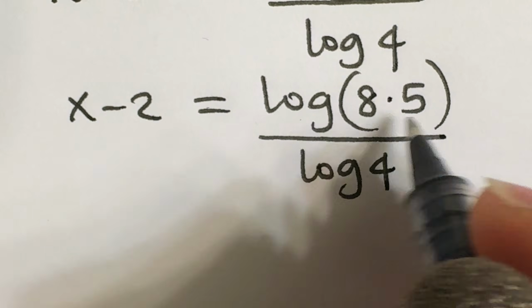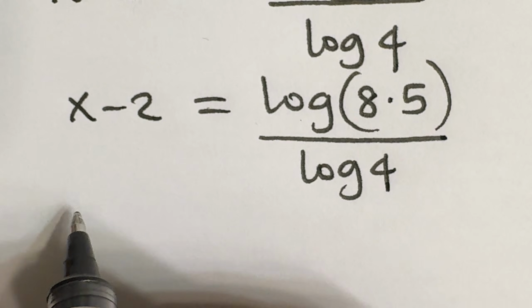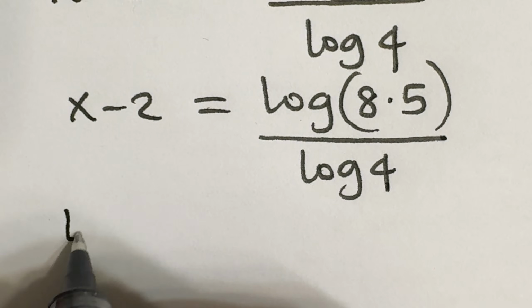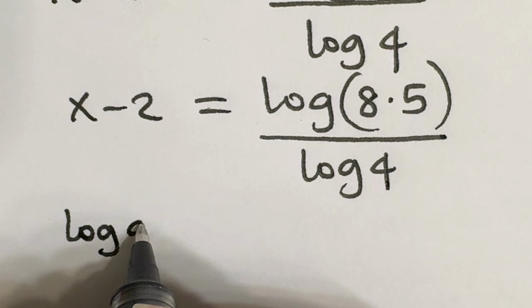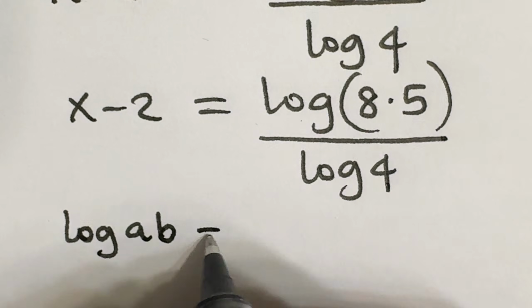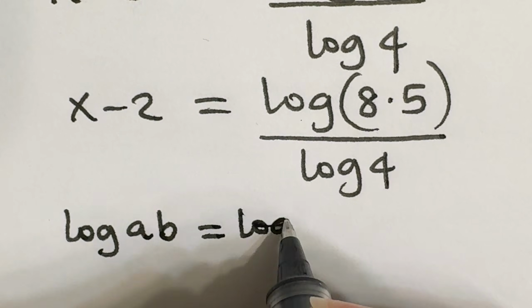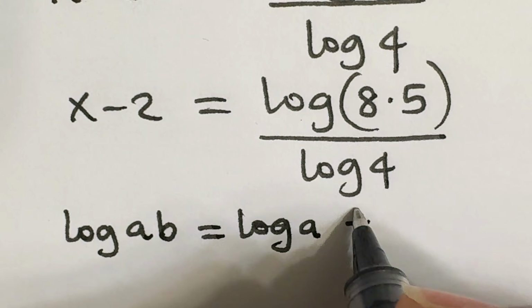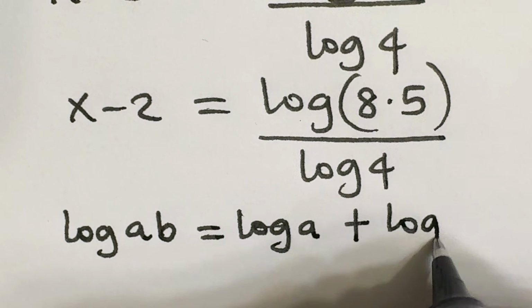And if we choose to open this bracket, we can do so using this law of logarithm. Given log a times b, by law of logarithm, this will give us log a plus log b.